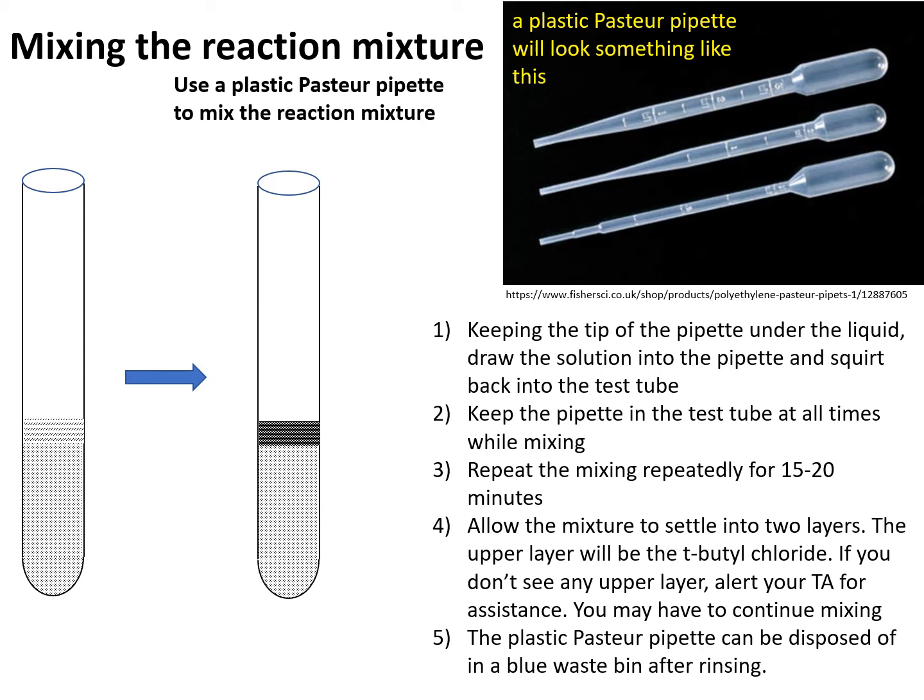And the right way to do it is you insert the plastic pipette into the test tube containing the mixture, and you lower the mouth of the pipette to the middle of the liquid as much as possible, and then you draw the liquid in and draw the liquid out, and you do this several times for about 15 to 20 minutes so that you can effectively mix these mixtures.